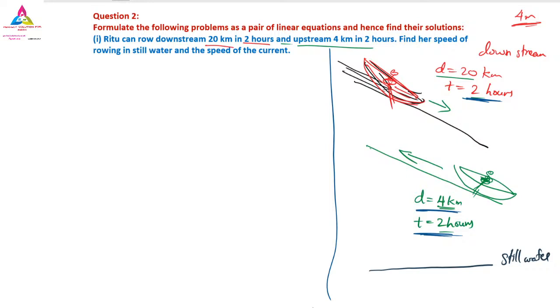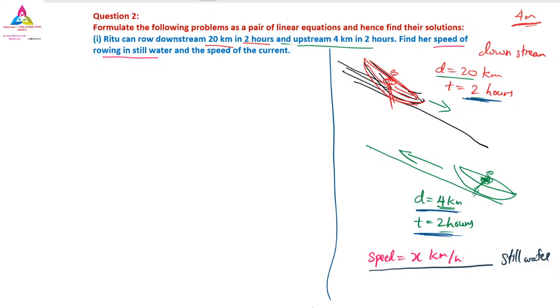So in still water, let her speed be x kilometers per hour, because we don't know how many kilometers she is moving. So the speed of rowing in still water, let us take as x.